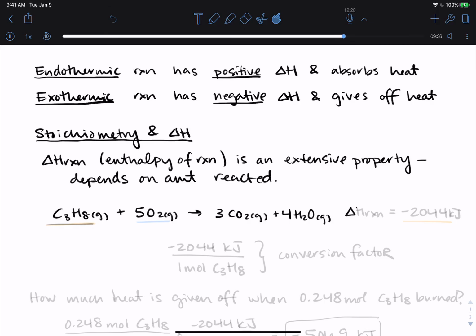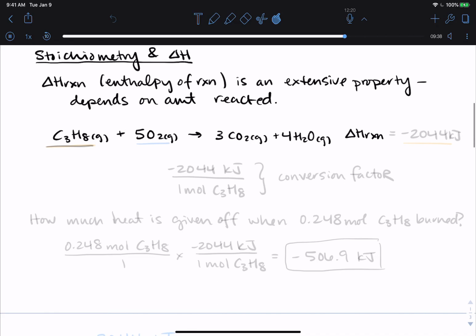The delta H reaction written next to it would be negative 2044 kilojoules. What this means is that when 1 mole of C3H8 is reacted perfectly, you get exactly 2,044 kilojoules of heat given off, which is why it's negative.